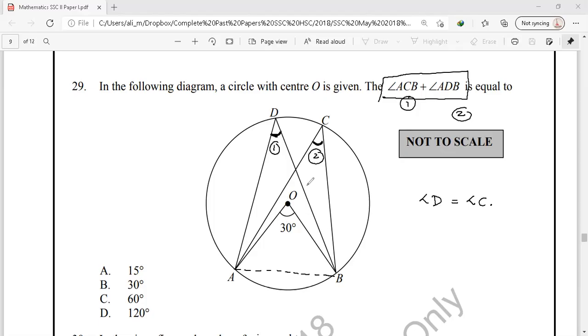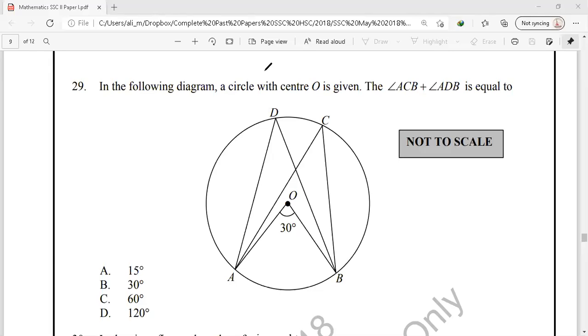As we know that the angle in the major arc is half of the angle at the center, this is equal to 15 degrees. Simultaneously, this angle D is also equal to 15 degrees, because it is the angle subtended at the major arc. So the sum of these two angles would make 30 degrees. So in question number 29, option B is the correct answer.